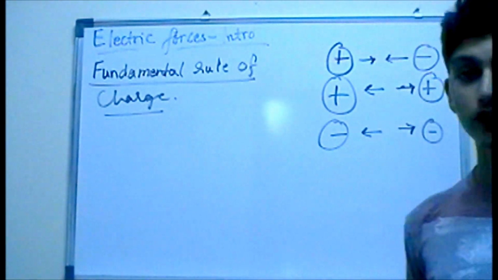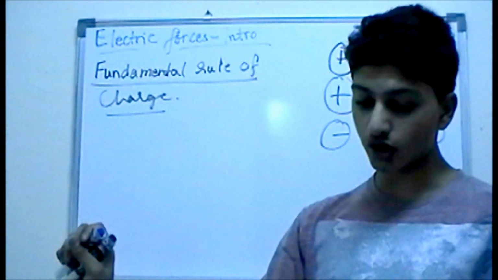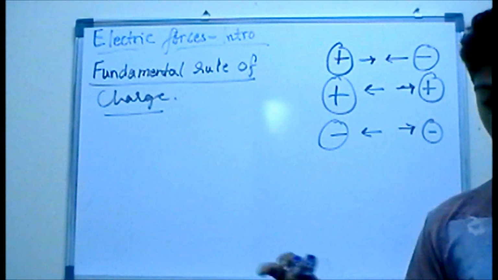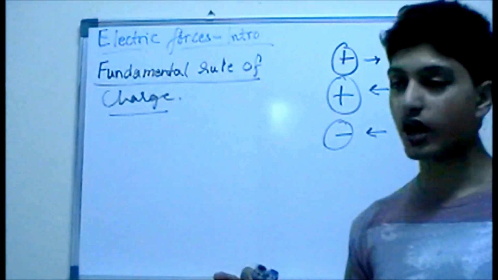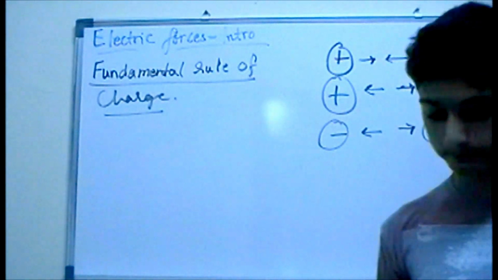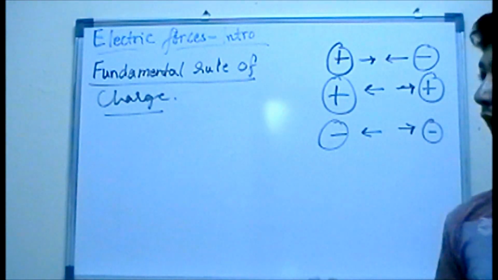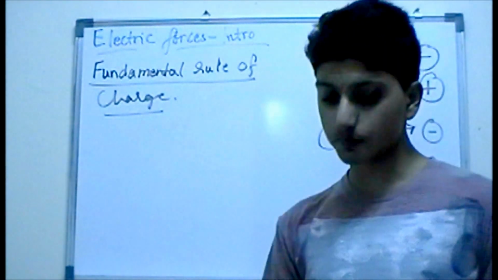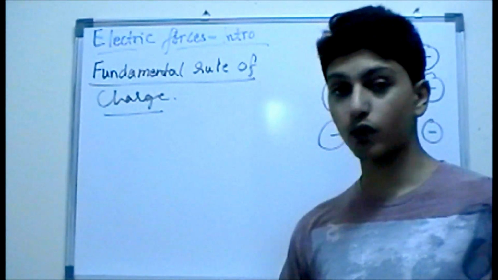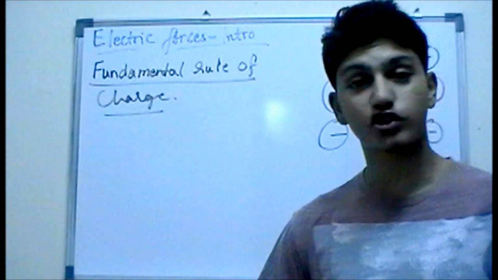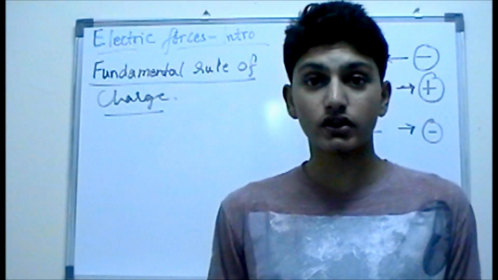Therefore, two negatively charged particles or objects would try to push each other apart, and two positively charged particles or objects would also push each other apart. But with one negatively charged object and one positively charged object, they will try to attract each other, or pull each other closer.